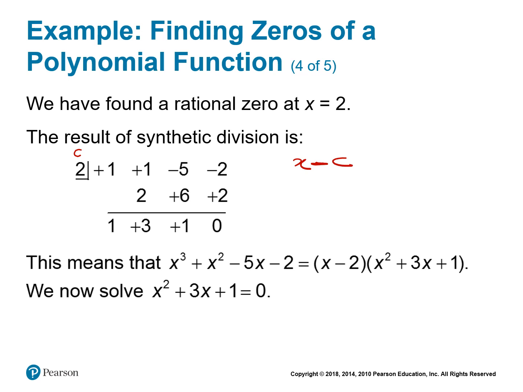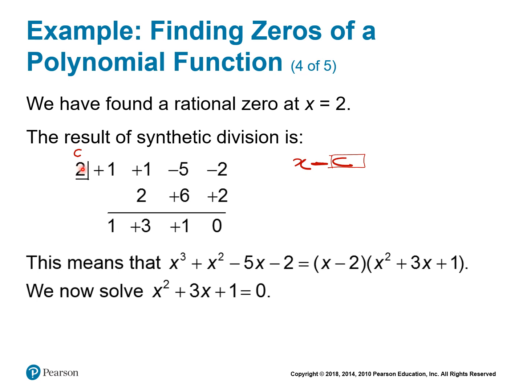The divisor is in the form x minus c. And then we just pick the value of c from this x minus c divisor and used it to perform the synthetic division. We wrote the 2, and we performed the synthetic division.